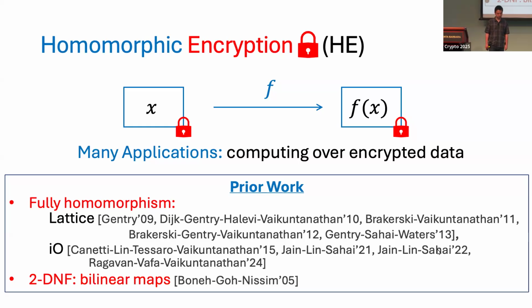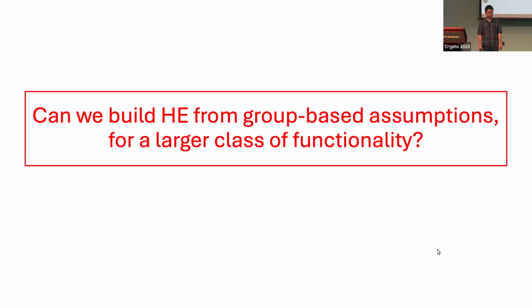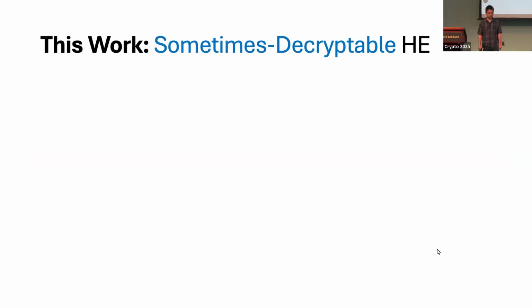However, based only on group-based assumptions, we only know how to achieve degree 2 homomorphism, such as the computing of 2-DNFs. So we ask, can we build homomorphic encryption from group-based assumptions for a larger class of functionality?